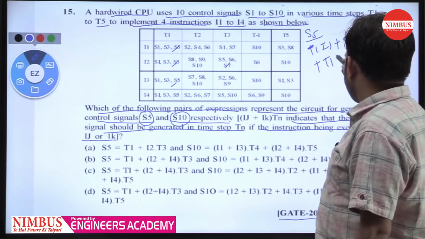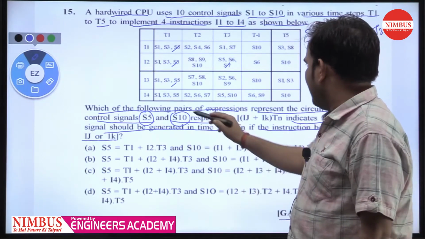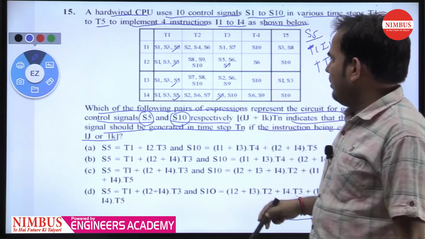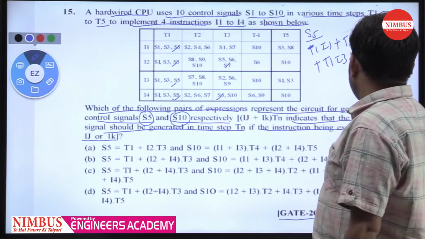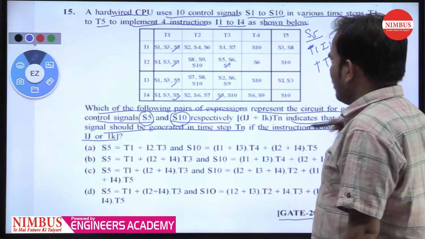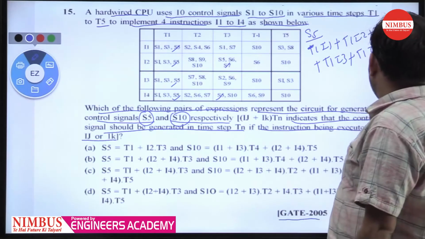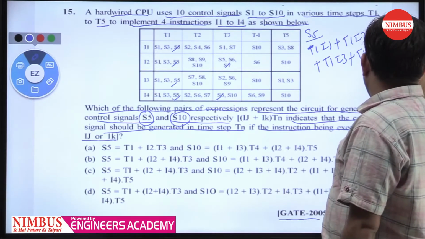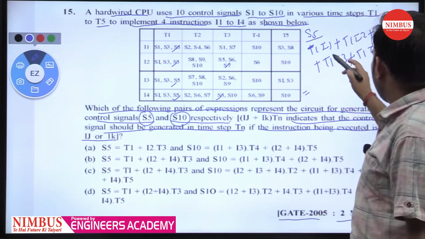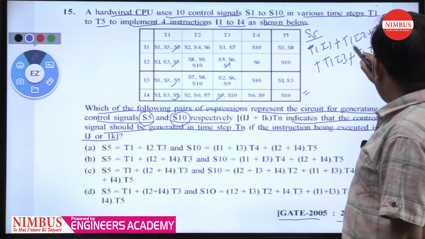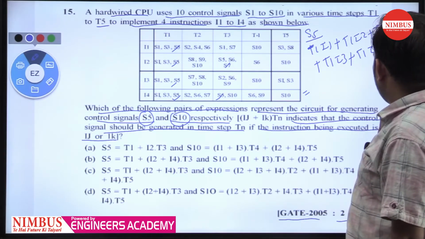So we can write T1 I3 plus. In I4, where is S5 present? Here and here, means T1 and T3. So we can write T1 I4 plus T3 I4. Now we can take common terms: T1 I1, T1 I2, T1 I3, T1 I4.